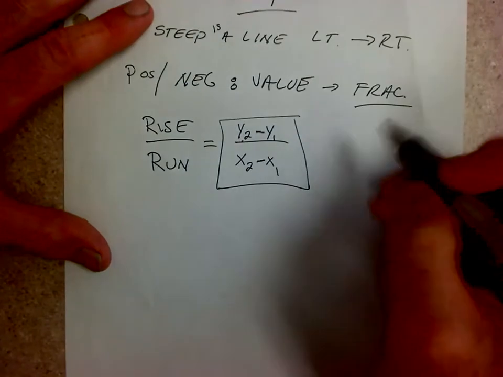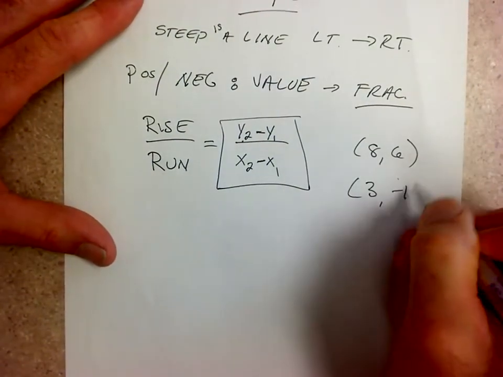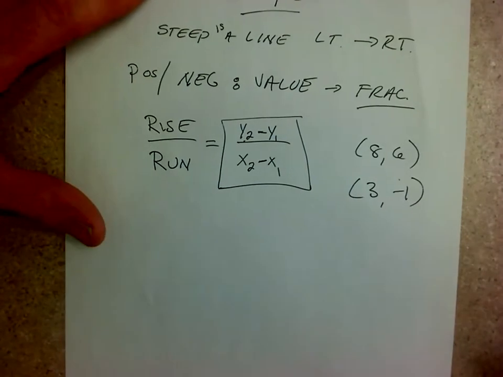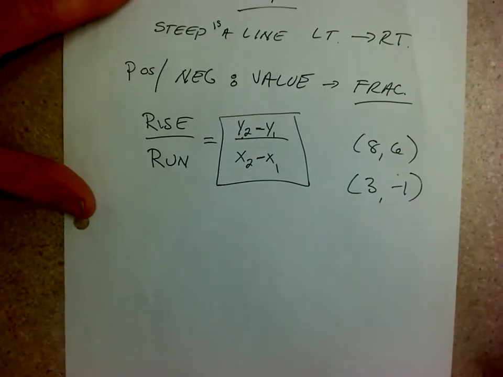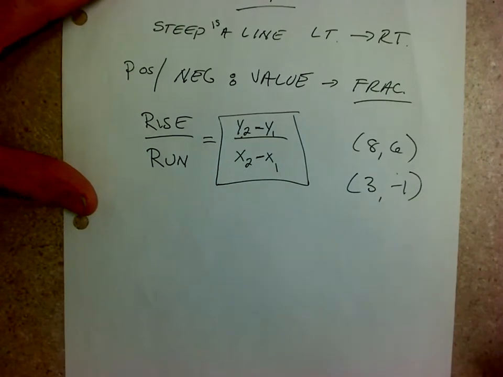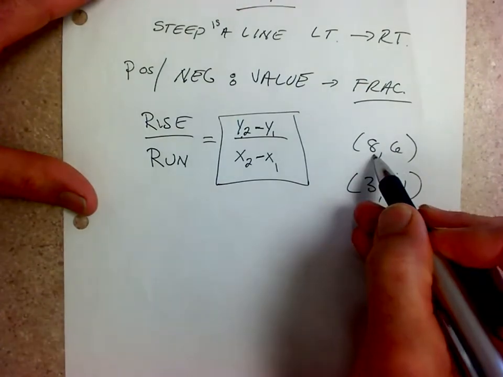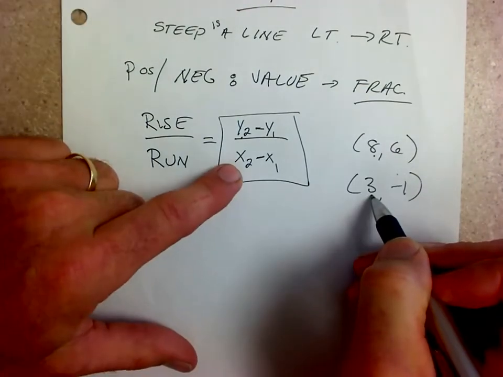If we're given any two points, let's say our line travels through the points (8, 6) and (3, -1), and we're asked to calculate the slope for that line, all we have to do is get our values plugged into our formula. So 8 is an x and 3 is an x.